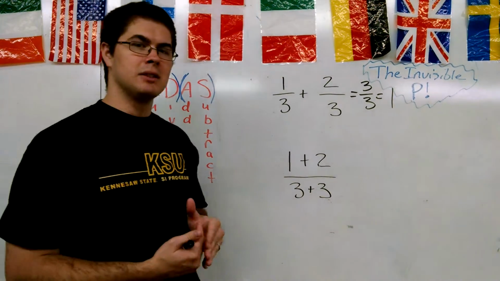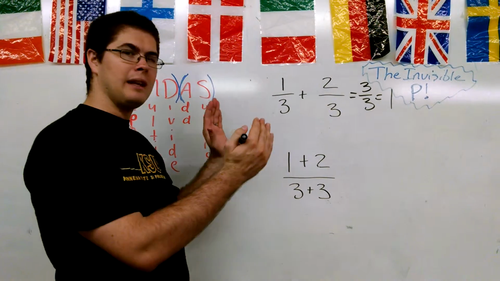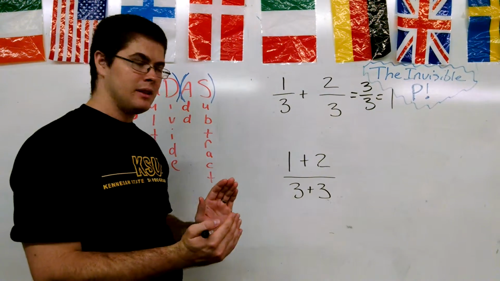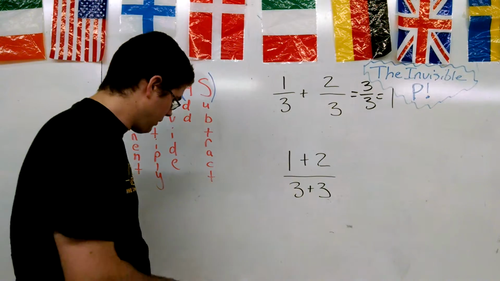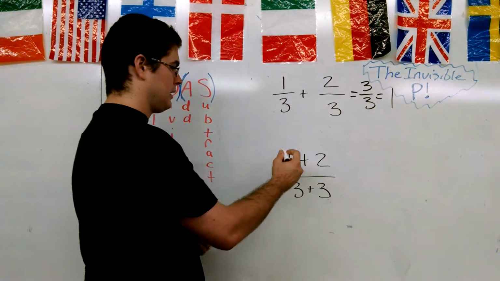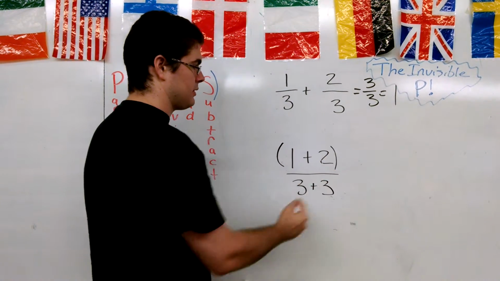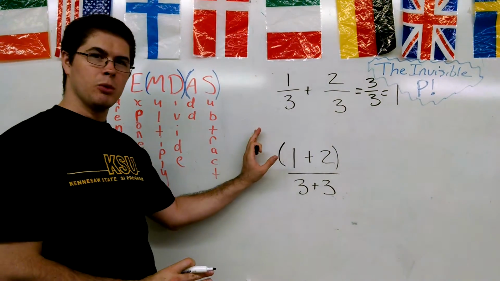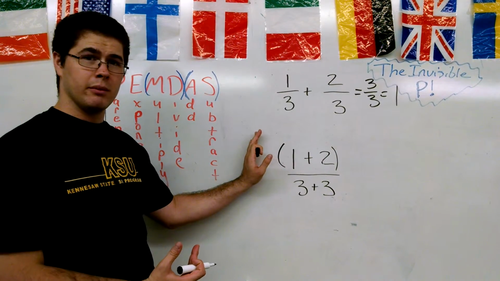Anytime you have a fraction, everything in the numerator of that fraction is in parentheses. So this fraction here, we need to understand that this is not just 1 plus 2. It's 1 plus 2 in parentheses. So there is actually this invisible P, or invisible parentheses, when we're dealing with fractions.